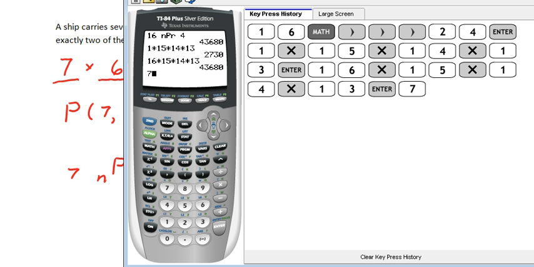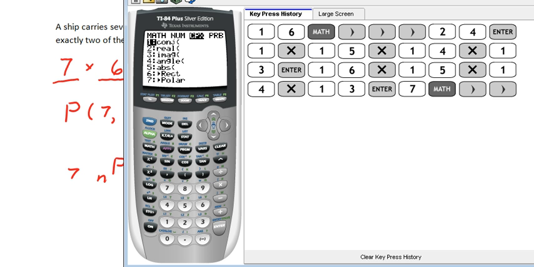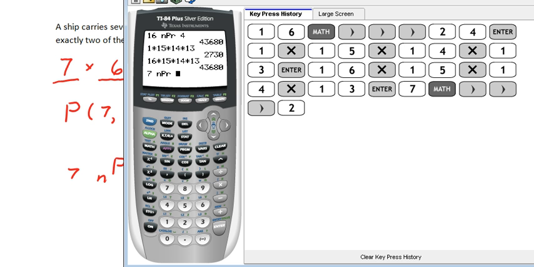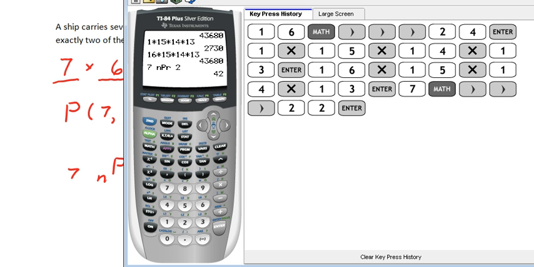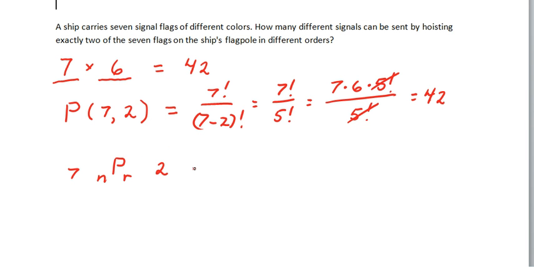So 7, math, go over to the probability menu, choose 2 for nPr, and then 2 because we're doing 7 things taken 2 at a time. Hit enter, and we see the 42. So this also gives us 42.